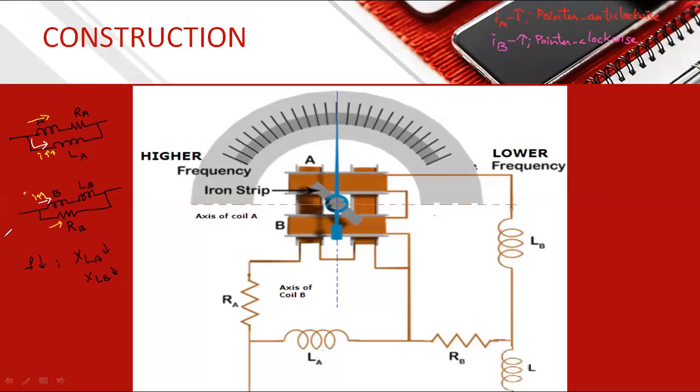Now if you compare both of them, we can see that the current through IB is greater than the current through IA.